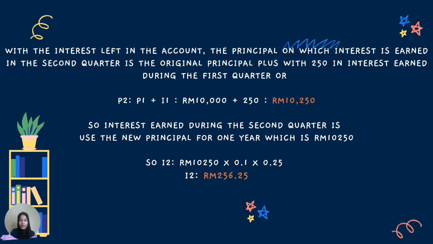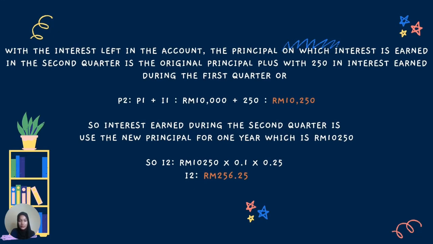To make it clear, the second principal is equal to the first principal plus the first interest, which is 10,000 plus 250. So we get the second principal is 10,250.